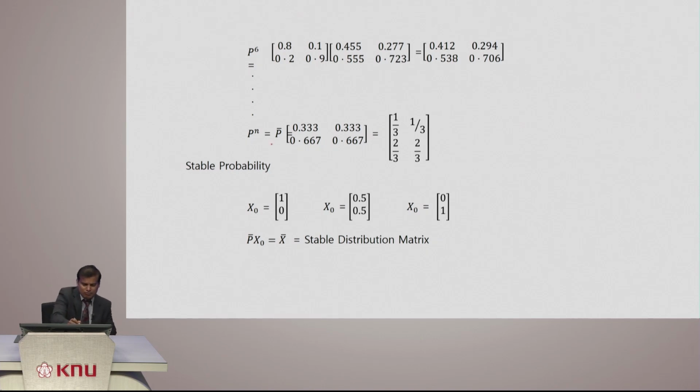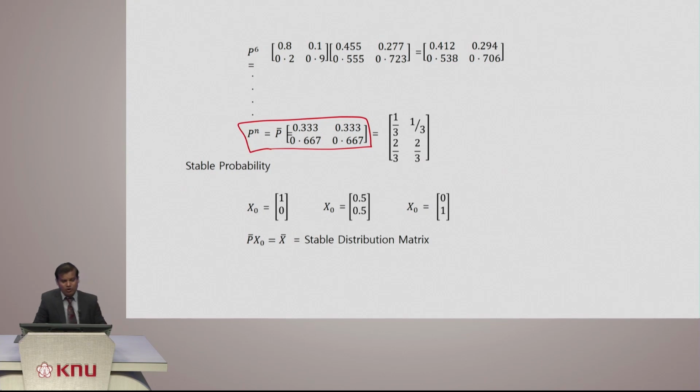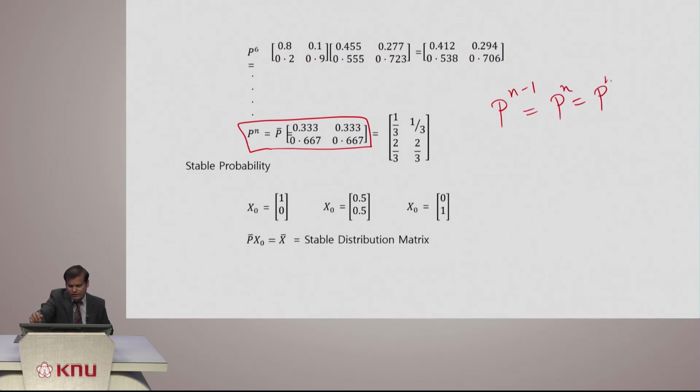In this case, P bar, or P power n, at one point P power n reaches stability. The previous value and the current value are the same. For example, P power n minus 1 is equal to P power n is equal to P power n plus 1. They are all the same values. It reaches the equilibrium or stability, after which it doesn't change. So this is the stable probability matrix.